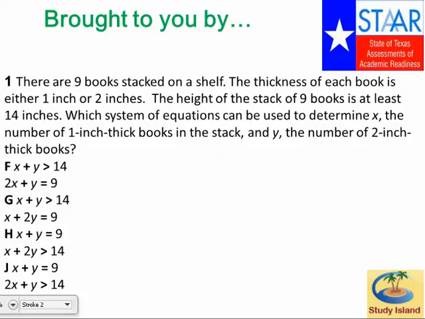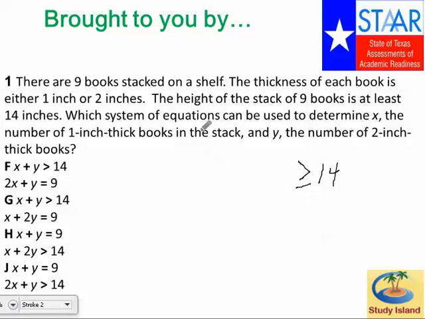Okay. Just to show you that this is not something that's totally unusual, when you go to take the STAR test, you will be having to look at some questions like this. This one says there are 9 books stacked on a shelf. The thickness of each book is either 1 or 2 inches. The height of the stack of books is at least 14 inches. That means we've got to have something that is greater than or equal to 14.